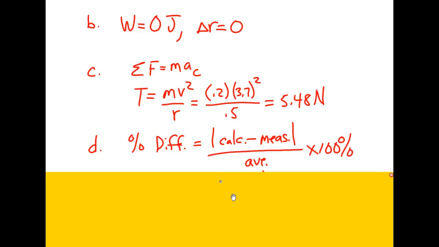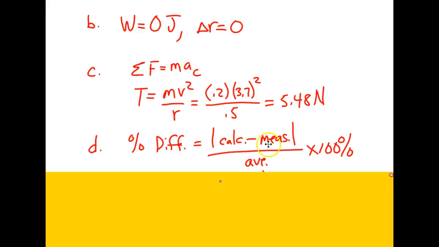In this particular experiment, we do not have an accepted value for the tension in the string. So to do that error analysis, we do what is called a percent difference calculation. In that calculation, we do a calculated value minus a measured value, and it's the absolute value, so we don't have to worry about whether that numerator is positive or negative.